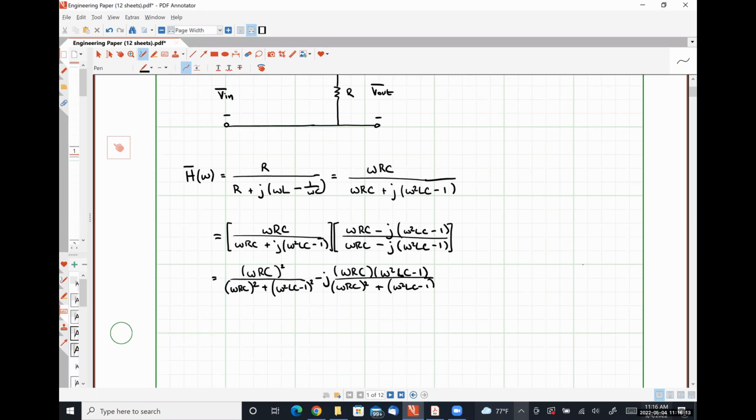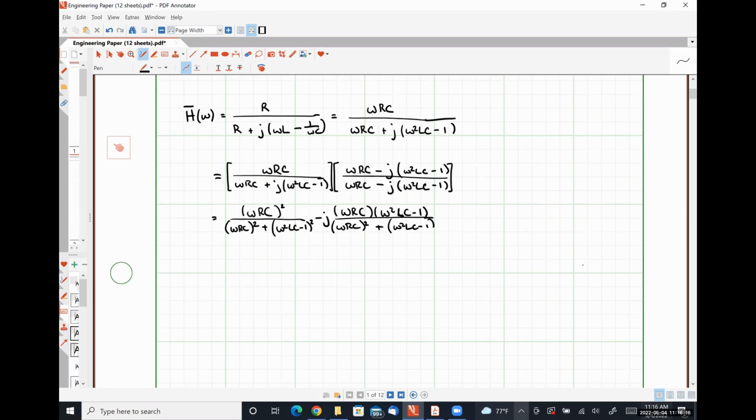I can now determine my amplitude response, which is always taking the real part squared and the imaginary part squared, adding them together and taking the square root.